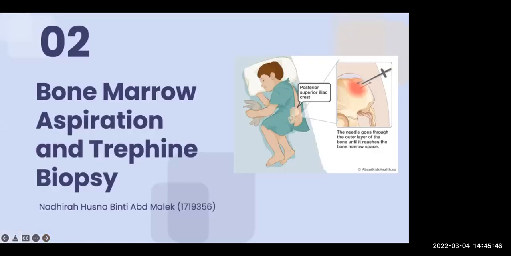Is there any question? Okay, any questions? Now, basically, ECG is very important. In fact, it can be used to diagnose a lot of congenital heart disease.